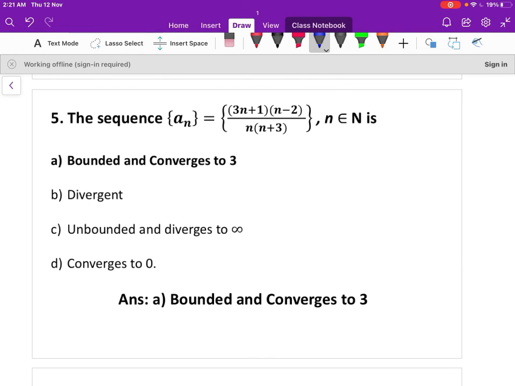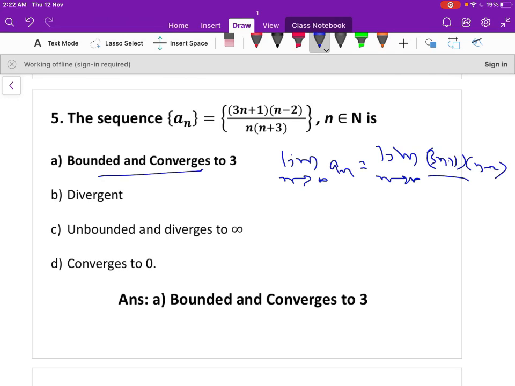The sequence a_n = (3n + 1)(n - 2)/(n(n + 3)): it is bounded and converges to 3. Let us find the limit of this sequence. The limit as n tends to infinity of a_n is equal to the limit as n tends to infinity of (3n + 1)(n - 2)/(n(n + 3)).